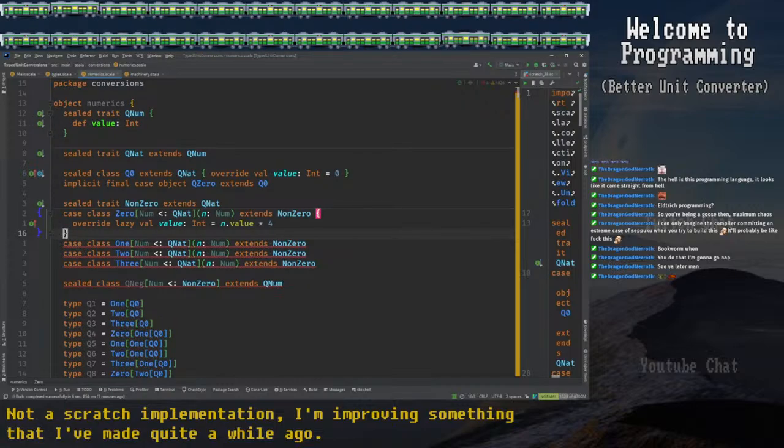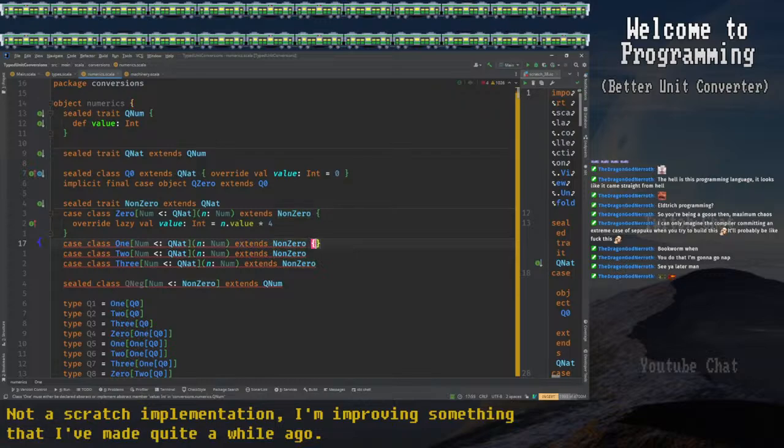Hey, wait a minute. This isn't going to work, is it? Wait, no, it will, because the minimum is 0, 1.